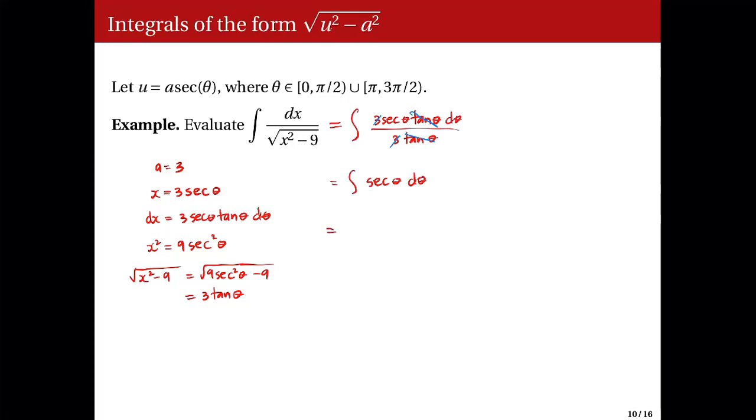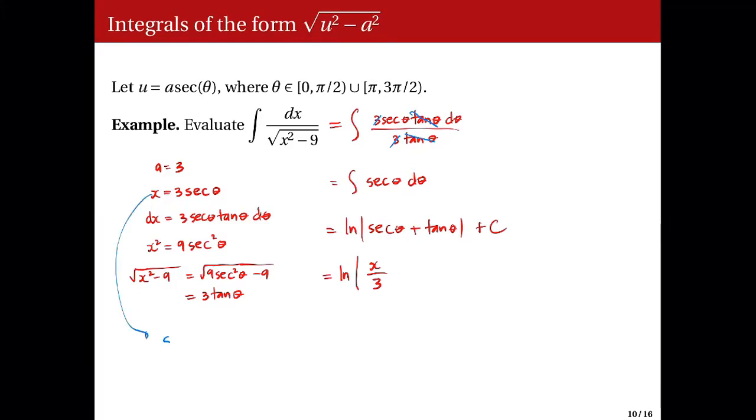So the answer will be straightforward. The integral is just ln absolute value of secant theta plus tangent theta, and then you have the plus c. Secant theta can be calculated using this, and tangent theta can be calculated using this. Which means we will just have ln absolute value of x over 3 coming from here. Let me write that for completion.